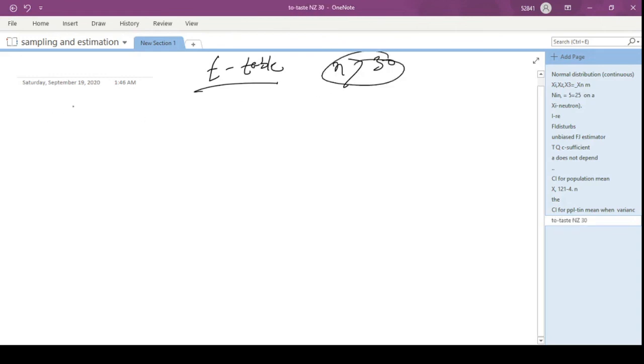As long as it is within 30, the confidence interval for the population mean is x bar plus or minus the t variate with n minus 1 degrees of freedom at alpha by 2 times s by root n.